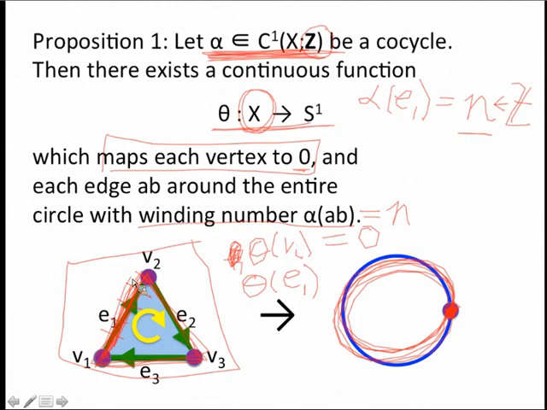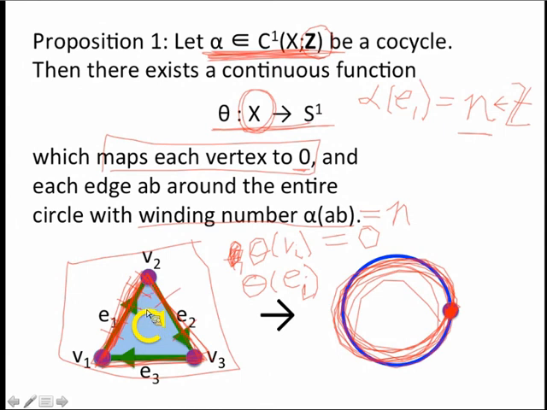If my edge E2 goes to, say, -3, then I will go -3 times around, so I'll partition this and send it -3 times around. And wherever this one goes, if it goes to 1, we'll send it once around. Now I've defined my theta on all my edges. Any questions so far?